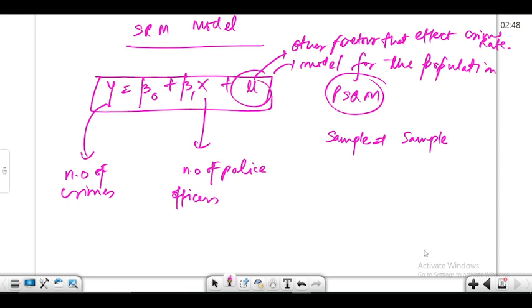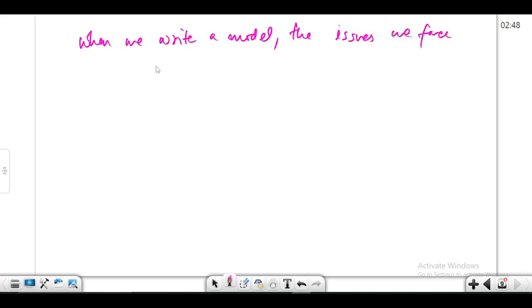So when we write a model, the following issues are faced during regression. Let's see if our simple regression model helps us eliminate these issues.